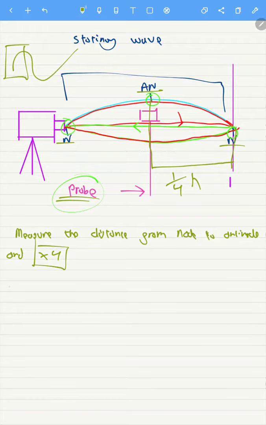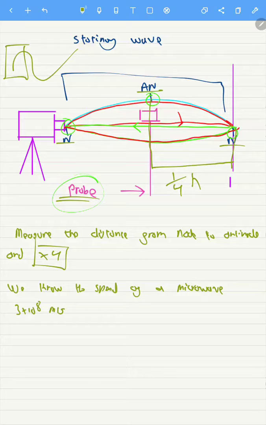Then, obviously, we know the speed of a microwave, because obviously it's an electromagnetic wave, so we know it's 3 times 10 to the 8 meters per second.